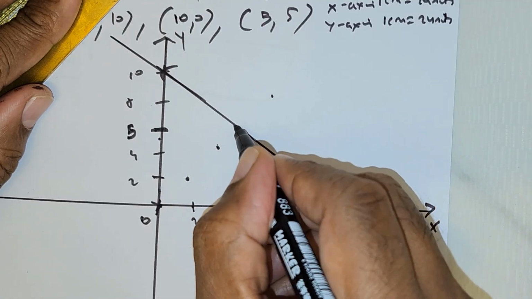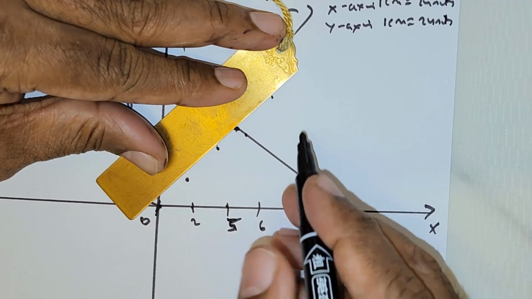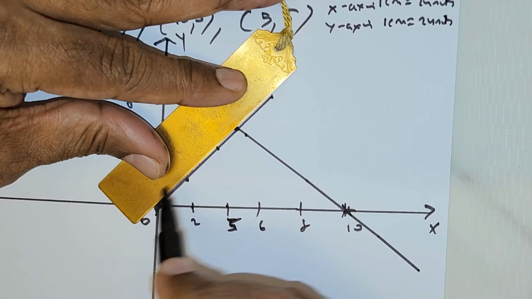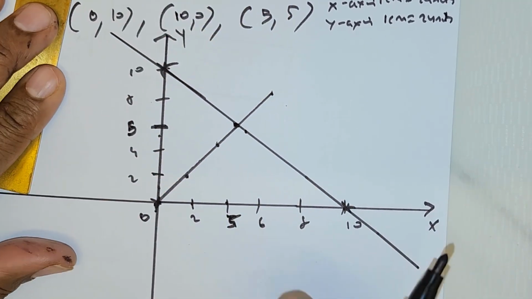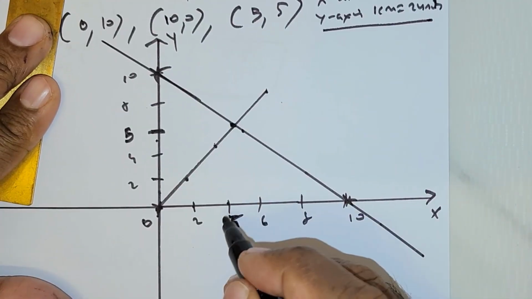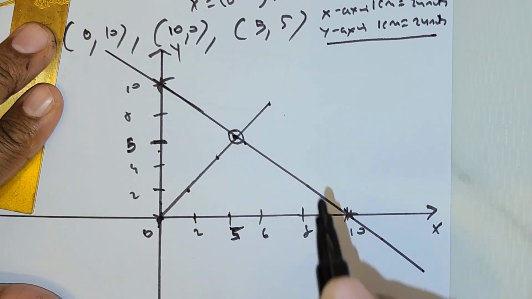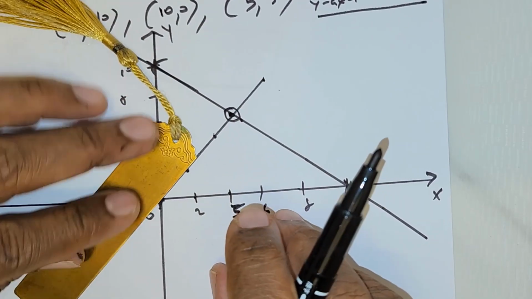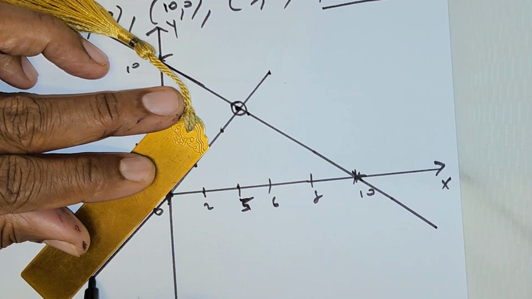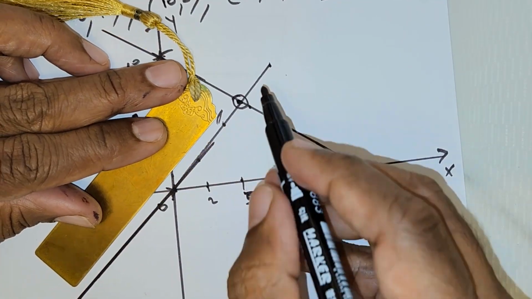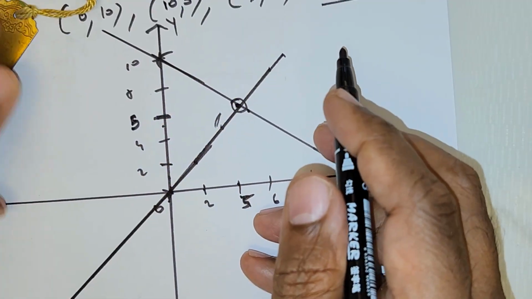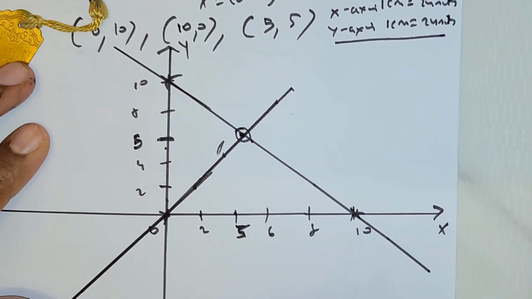When you are drawing, you need to be a little bit cautious about plotting the points. But of course, we have mentioned the scale. Just to show that we have a point of intersection, the graph is not to scale; it's just an approximate reflection of what is being asked.